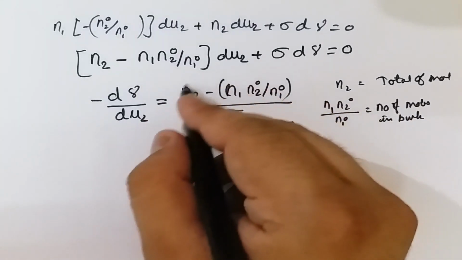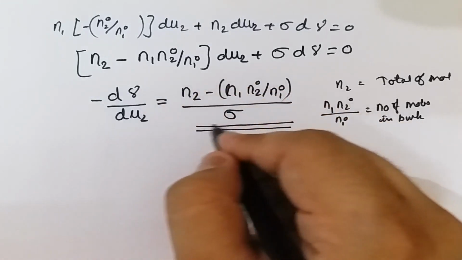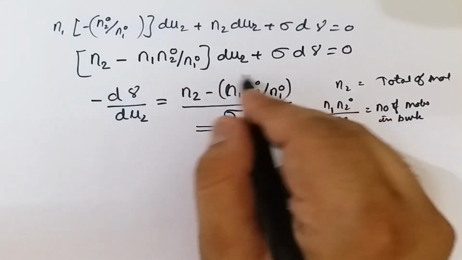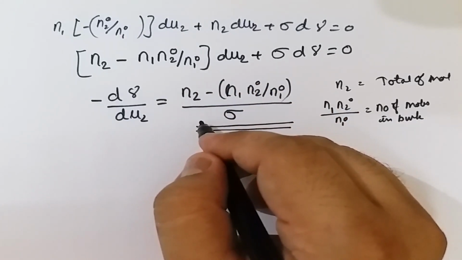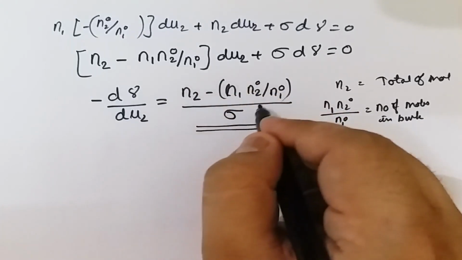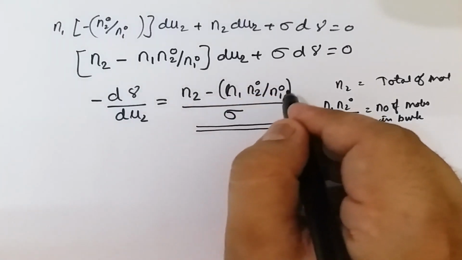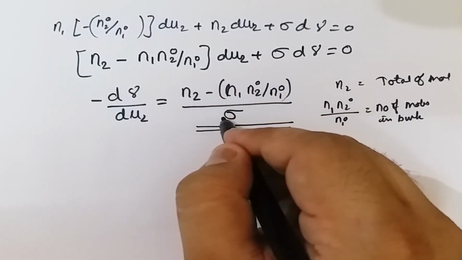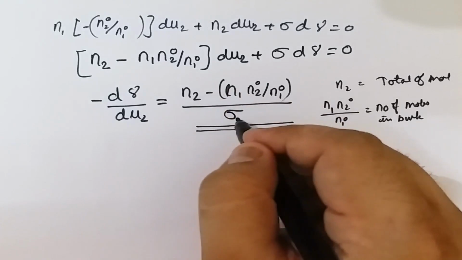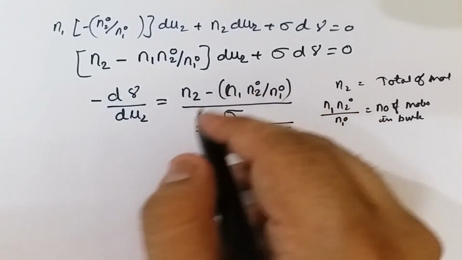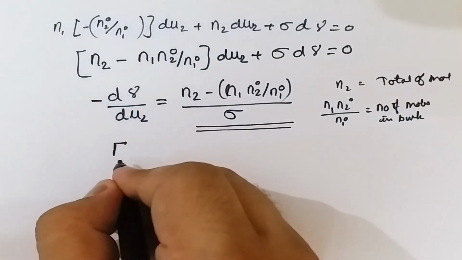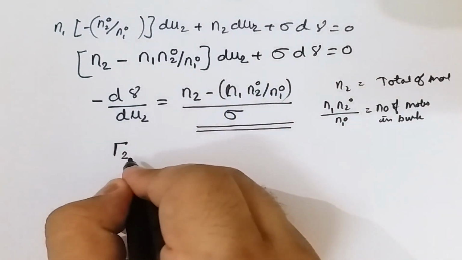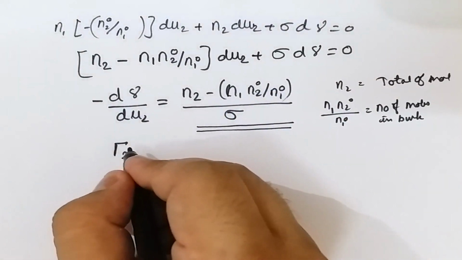So this term gives the excess concentration of the solute molecules present per unit area of the surface, or this is called the surface concentration of the solute per unit area of the interface. Generally it is represented as capital gamma, or I can write it as capital gamma 2, where capital gamma 2 is the surface excess of the solute.